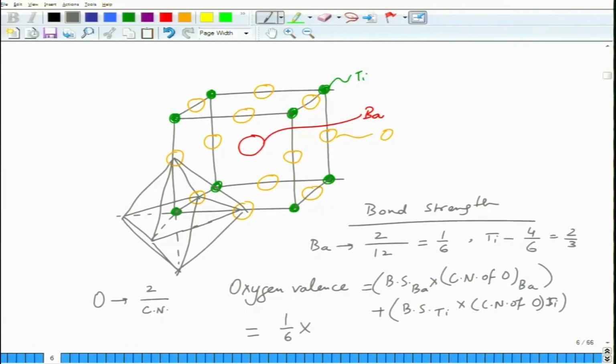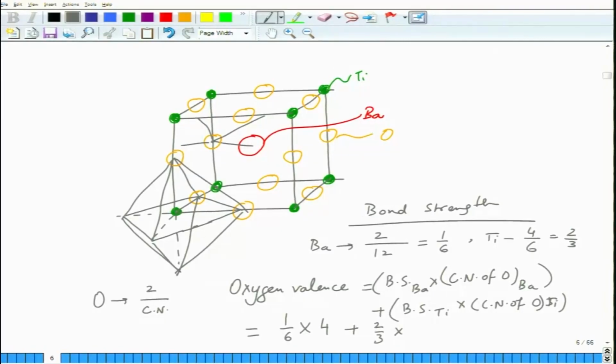So it turns out you have in the first case 1 by 6, times how many barium atoms around each oxygen atom. Let us say this is the reference oxygen atom, okay. One in this, one on the back, one here, and one here. 4. Bond strength of titanium is 2 by 3, and how many titaniums around the oxygen atom now?